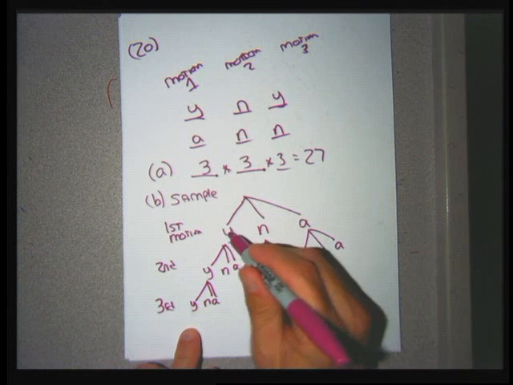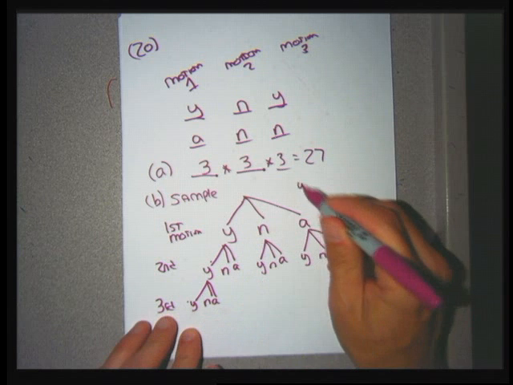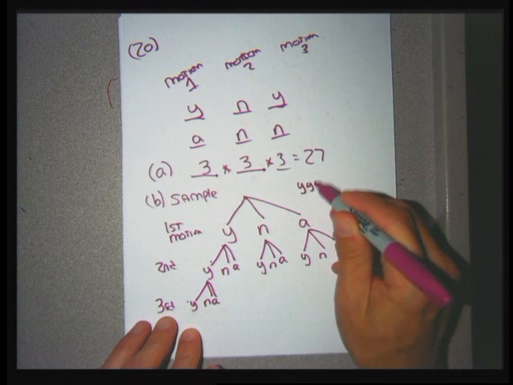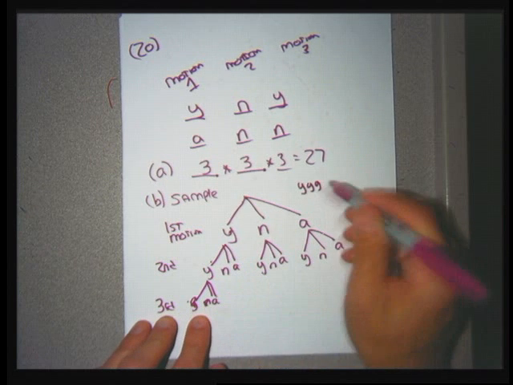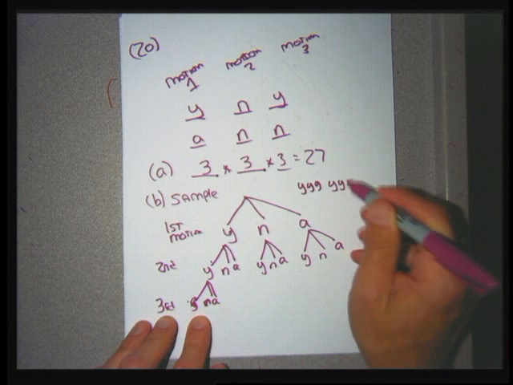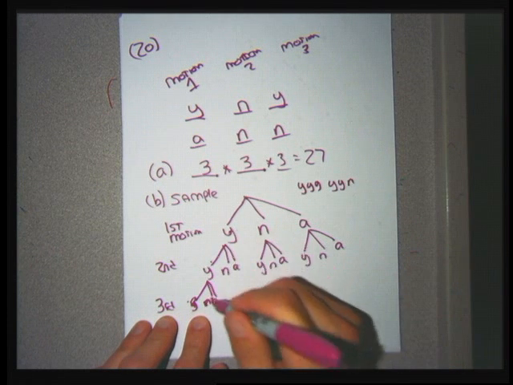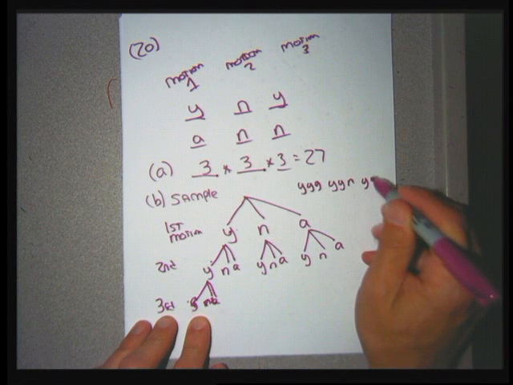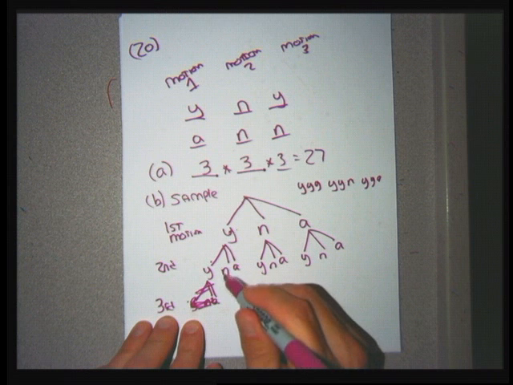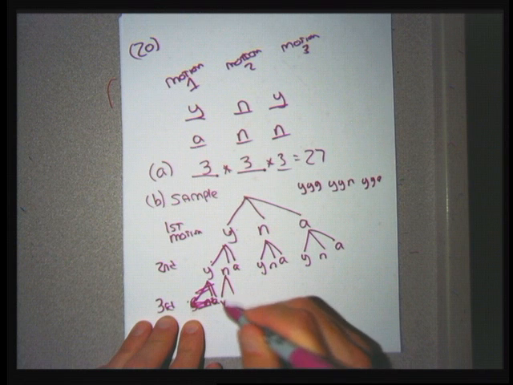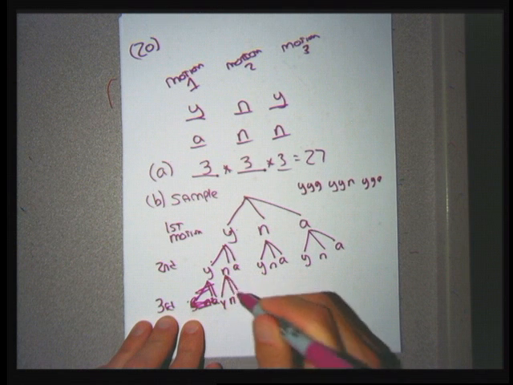So I'm going to have a yes, yes, yes. So a yes on the first, a yes on the second, and a yes on the third. And then I see a yes, yes, no. That would be a yes on the first, a yes on the second, a no on the third, and then a yes, yes, abstain. So this branch is taken care of, and now I'm going to go from this one and do a yes, no, abstain.